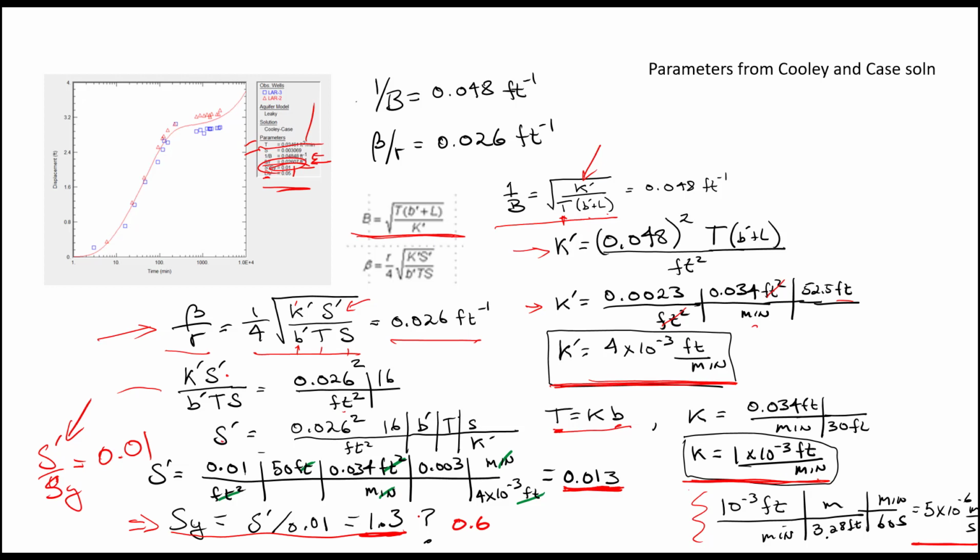When I did this analysis, I decided that I would assume this ratio of these two storage terms up here to be 0.1. But maybe that's incorrect. Maybe I need to go and revisit that, and then I could go and revise the analysis.